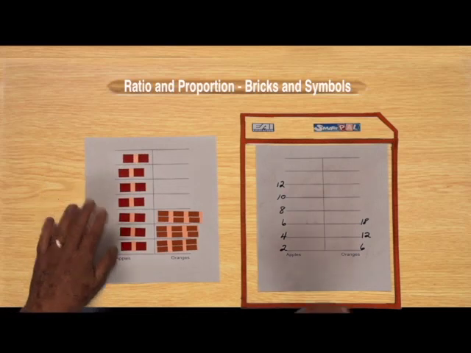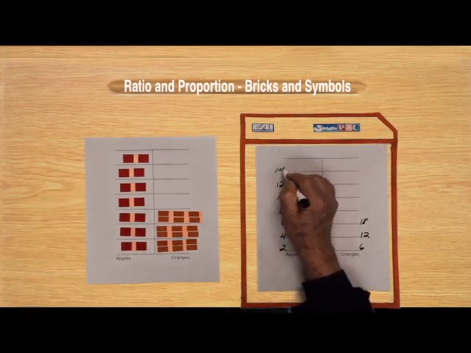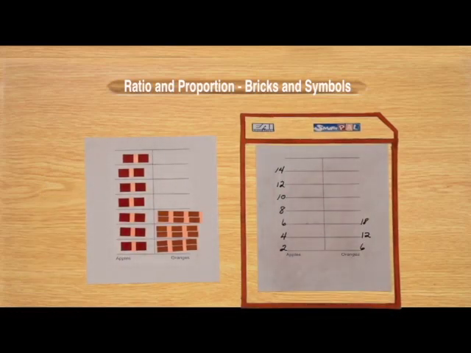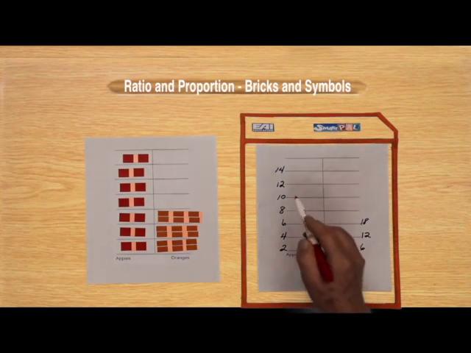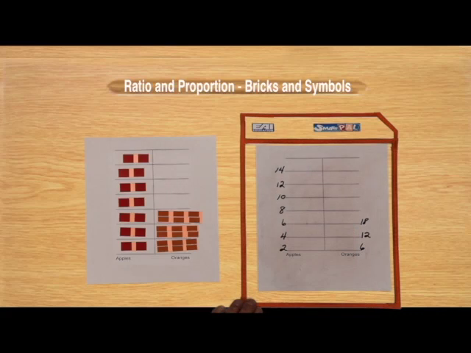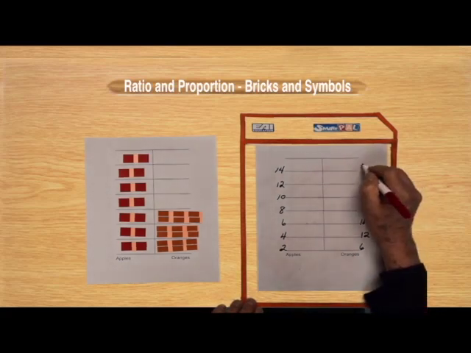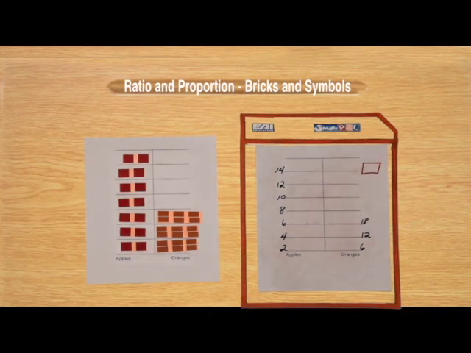And there's 14. So there are my 14 apples. And the question we wish to ask is, how many oranges will match up with my 14 apples? So let's put a box here. That will be the number of oranges that will match up with my 14 apples.